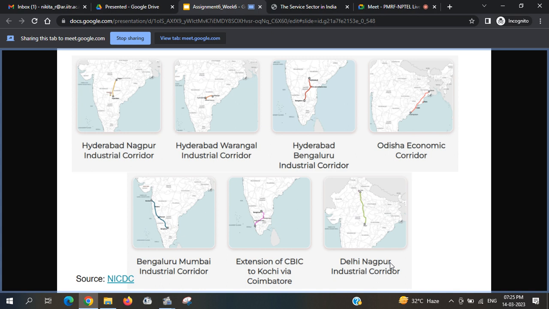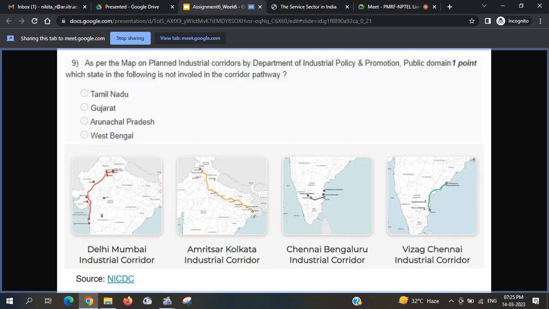So these are all the industrial corridors that have been planned by the government of India, which exist.